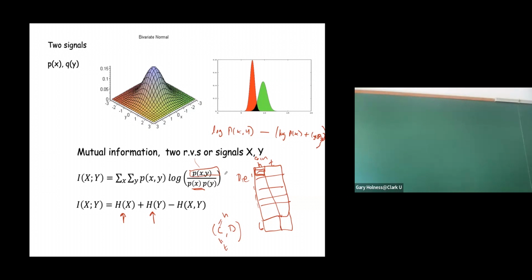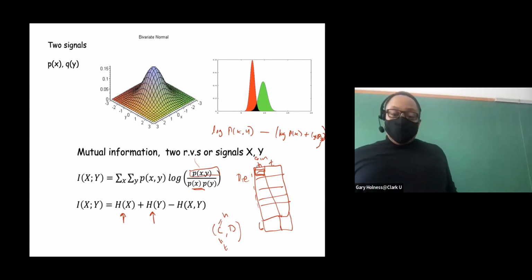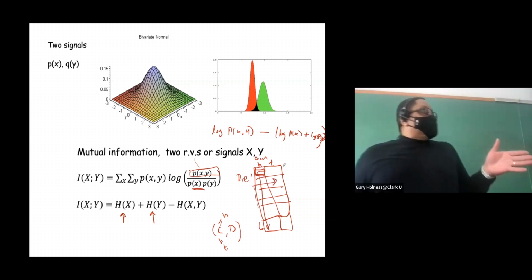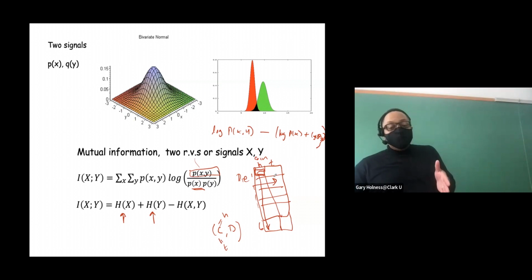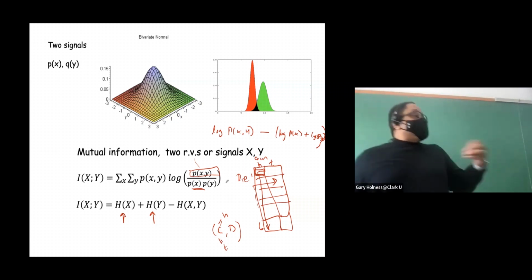Now, when I say P of X here, I don't mean marginalization, because marginalization says I acknowledge that they're coupled, and I add values down the columns or across the row. When you use that procedure to arrive at P of die or P of coin, that's saying they're coupled.